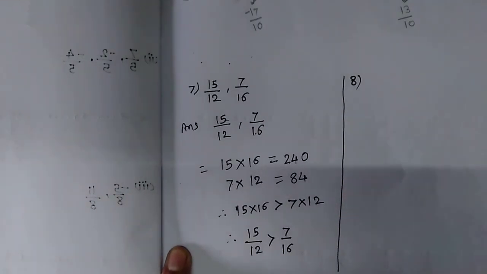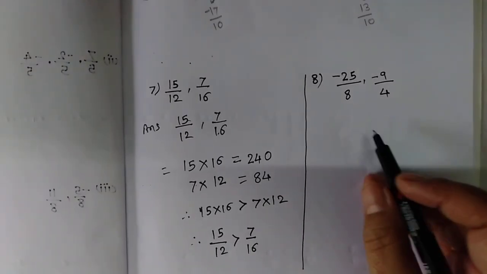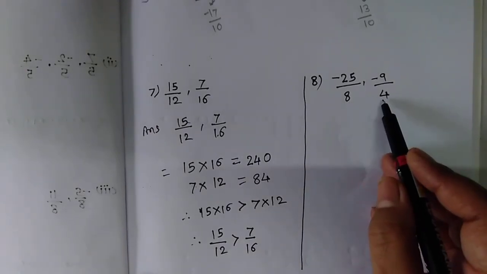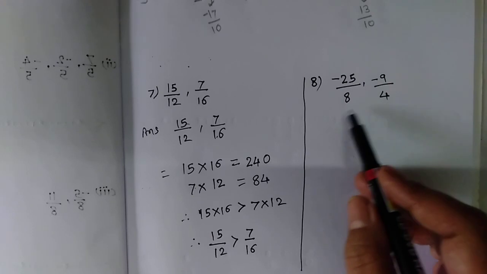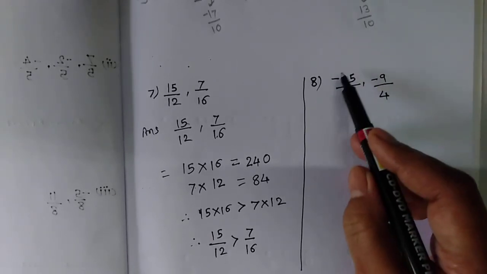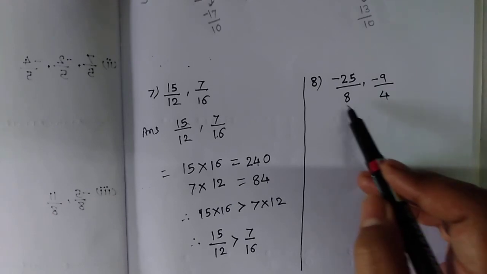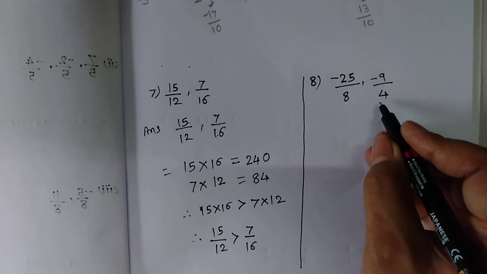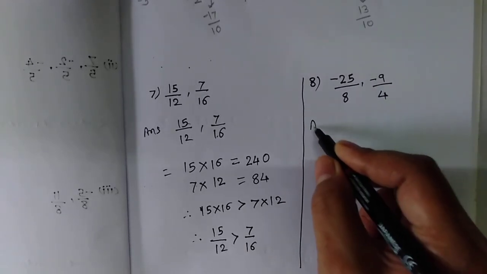Now see the 8th question. Here denominators are not same, but 8 is the multiple of 4. So here the second method, means LCM method, is useful for this question. It is easy to use. So write down the question as it is.